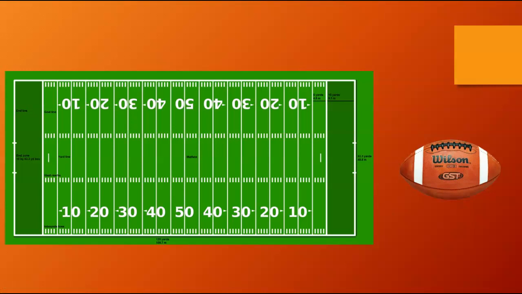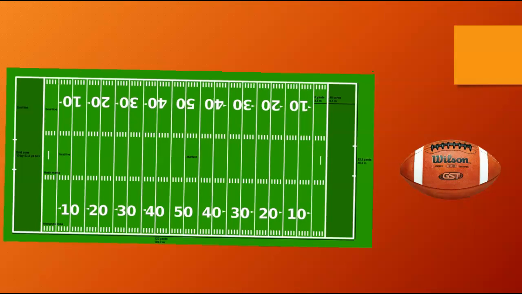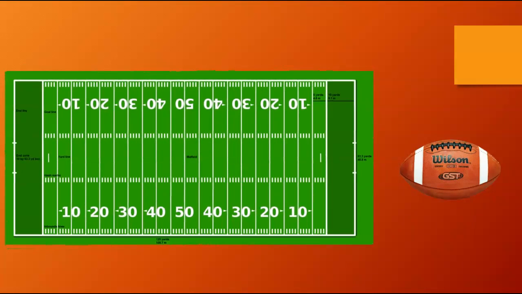So when measuring, we have to determine what is going to be the best thing to use, a yardstick or an inch ruler. Now, if we're measuring yards in a football stadium, we would want to use a yardstick because it's just easier.